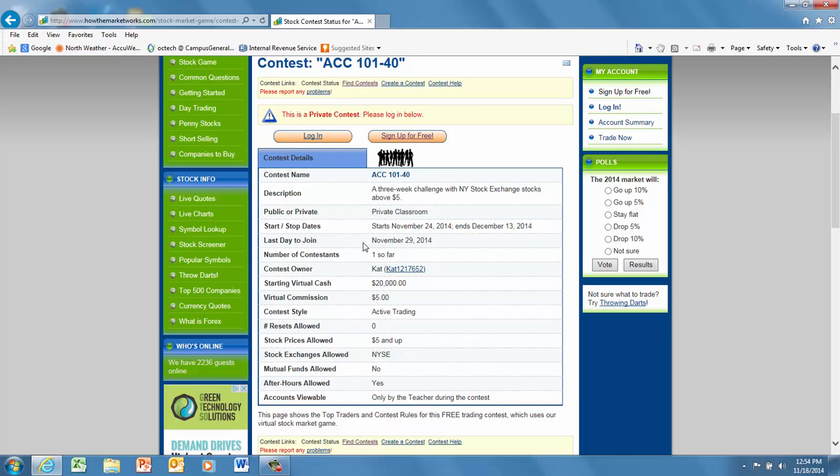Okay? This game starts on November 24th. So you will not be able to put in any trades until November 24th. It ends on December 13th. So that's the last day that you can put in a trade. And, excuse me, you are going to put in as many trades as you would like during that 3-week time period.